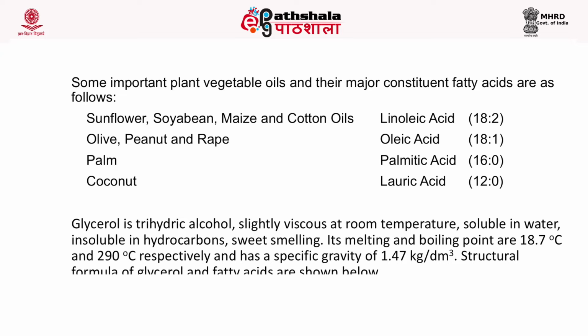Olive, peanut, and rapeseed oil contain oleic acid. It has a single double bond and 18 carbon atoms. Palm oil contains palmitic acid, and similarly coconut contains lauric acid with 12 carbon atoms and no double bond.